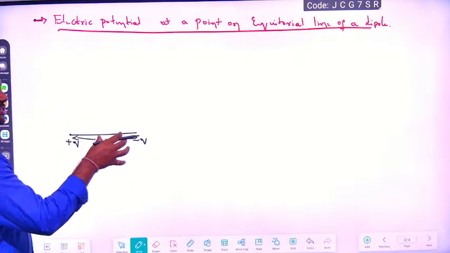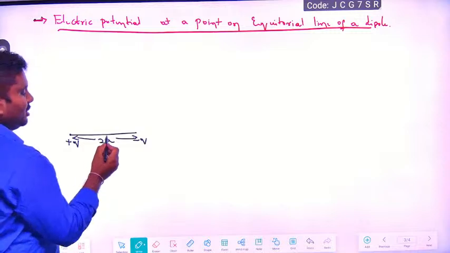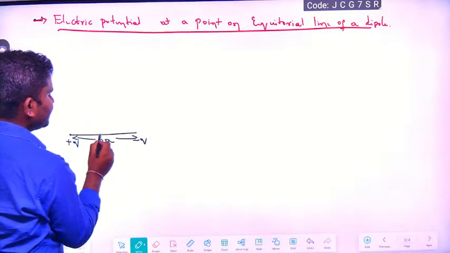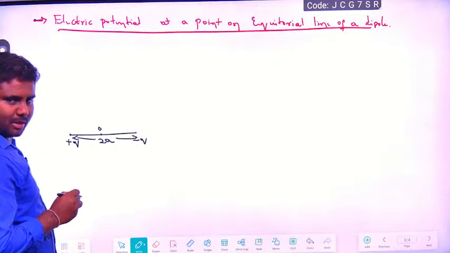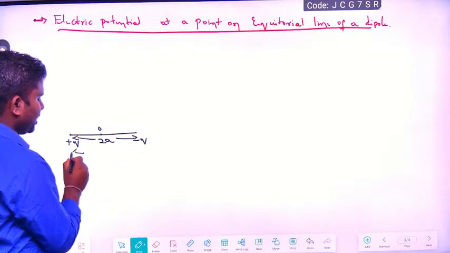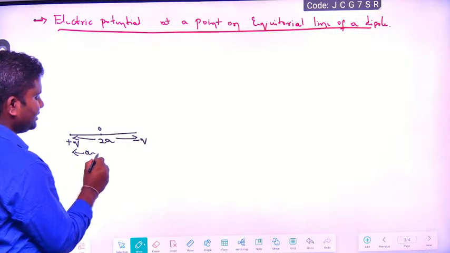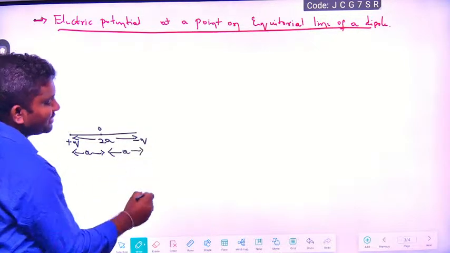Two equal and opposite charges separated by a small distance 2a constitute an electric dipole. Now, this is the center of the dipole, O, or I can take C. The distance of the positive charge from the center of the dipole is a, and the negative charge is also at a, because it is the center.